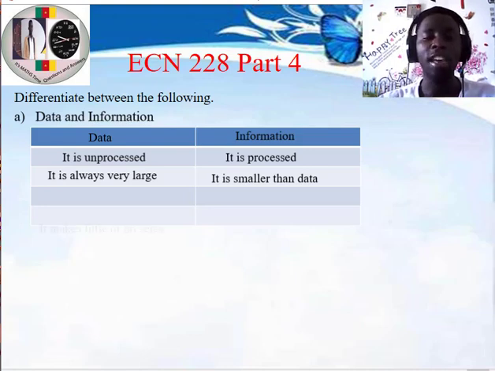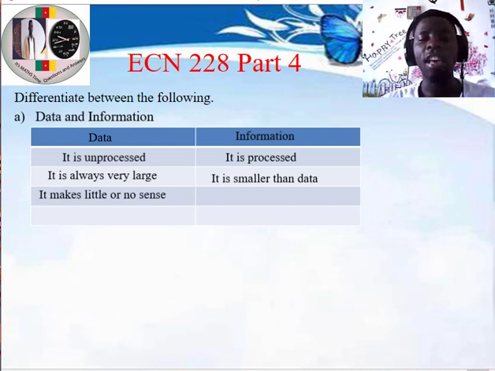The next difference is that data makes little or no sense. I've made mention of that. It's a combination of junk, things you get from interviews, things you get from questionnaires, and so on. But when you analyze them, we now have meaningful information. So data makes little or no sense while information makes a lot of sense.